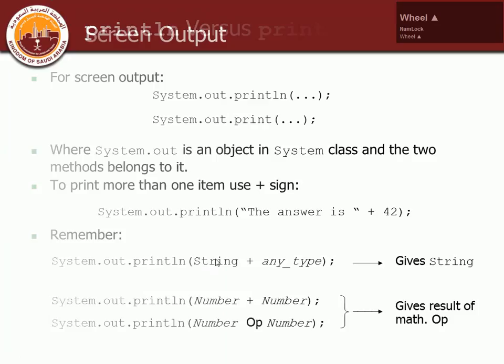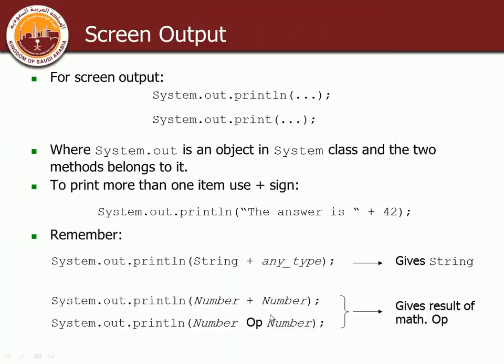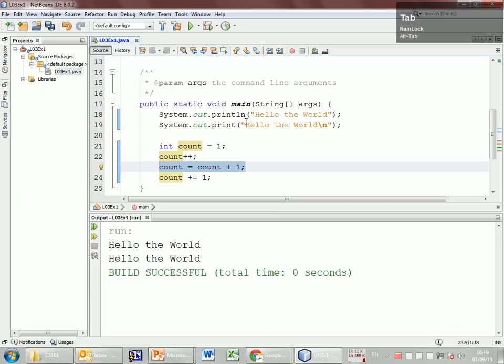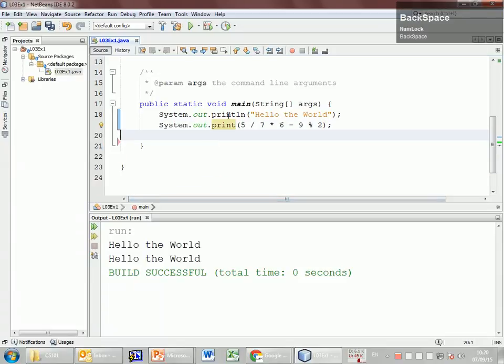Anyway, what we'd like you to remember is this. If I put something like 5 divided by 7 divided by 6 minus 9 modulo division 2, this is not a text. I'm not displaying something, but this is the result of some calculation, which is permissible because we said that we cannot use minus or anything else than plus with texts.